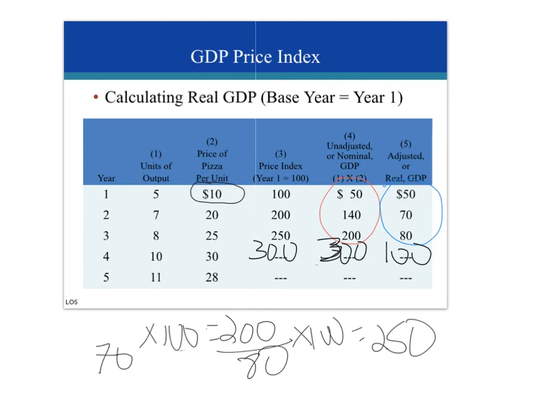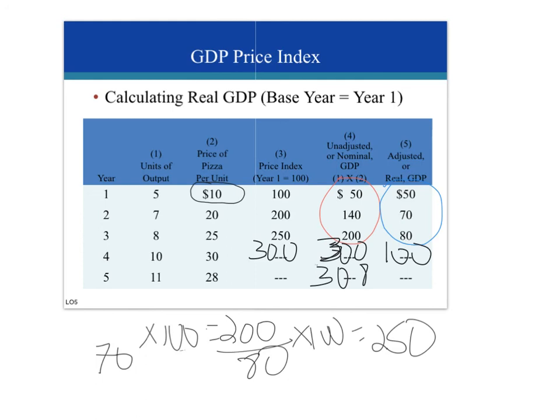So nominal GDP will be 11 pizzas times $28 a pizza. Okay, and that gives us a nominal GDP of 308. And we have for real GDP will be 11 pizzas times $10 a pizza.